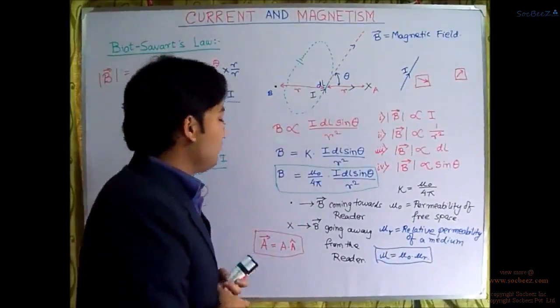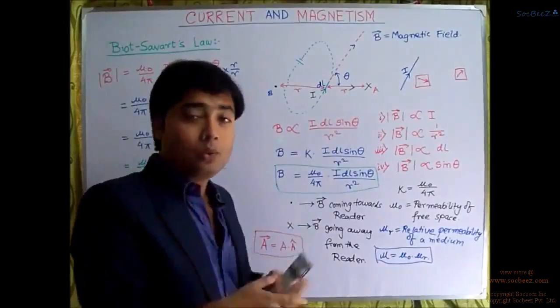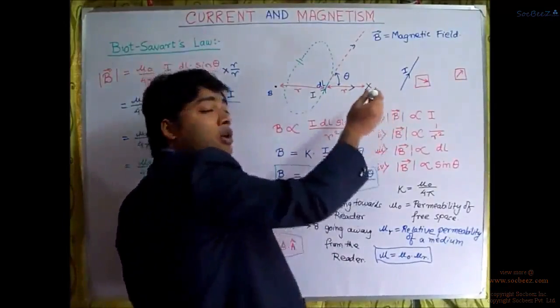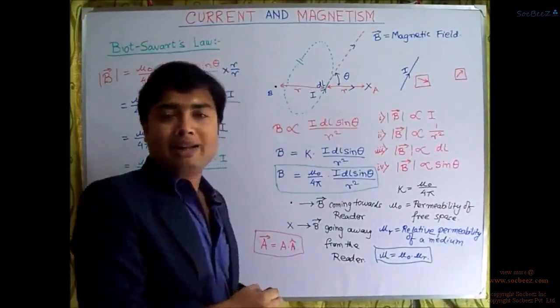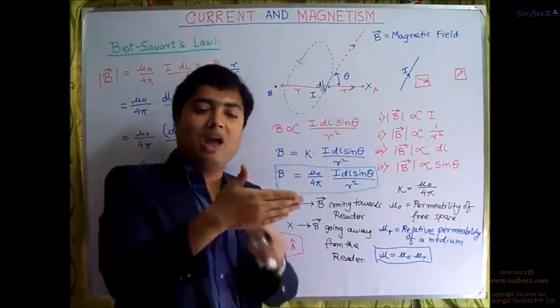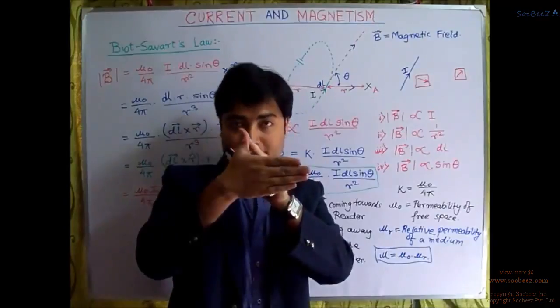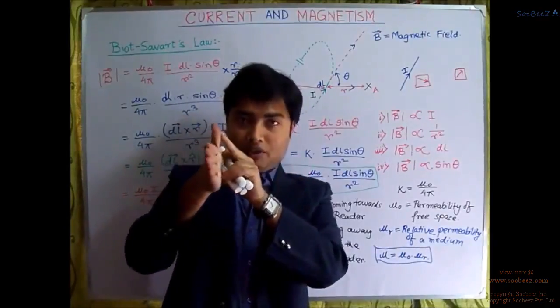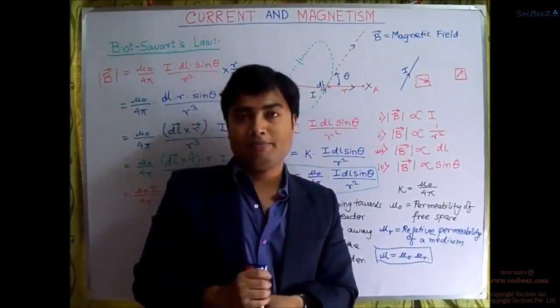We have also found the direction of the magnetic field, whether it is inward or outward of the paper. How to determine that? With the help of the Cork-Screw Rule or the right hand thumb rule, where the thumb indicates the direction of the current and the curling of the other fingers indicates the direction of the magnetic field. Thank you.